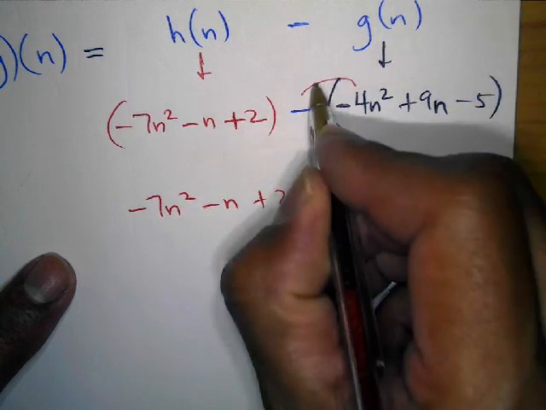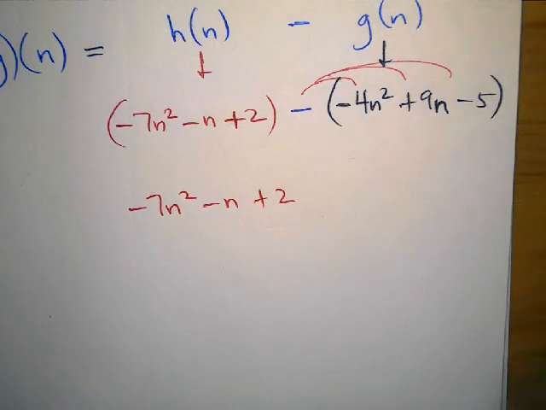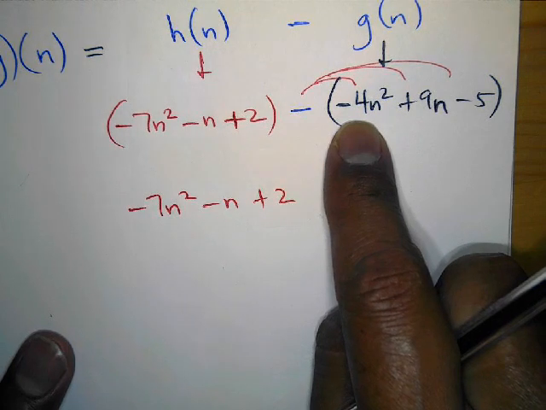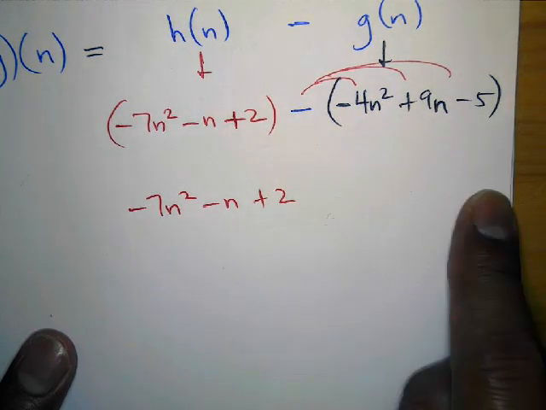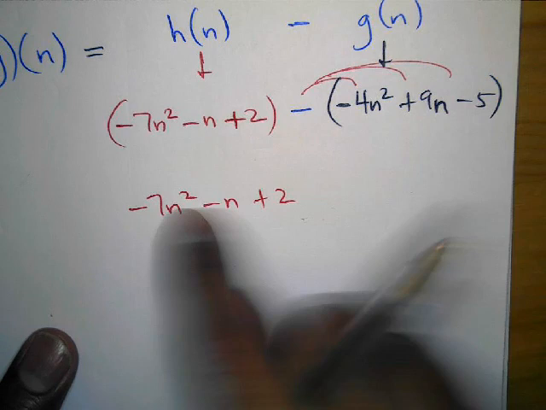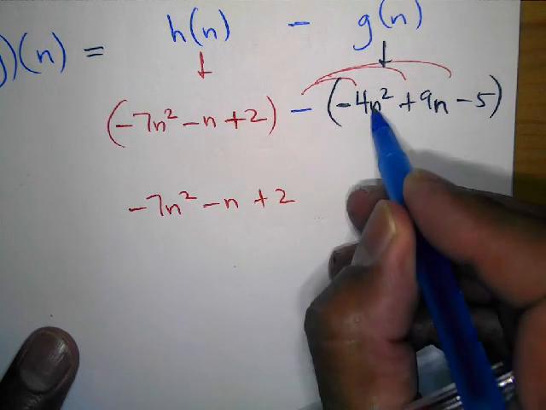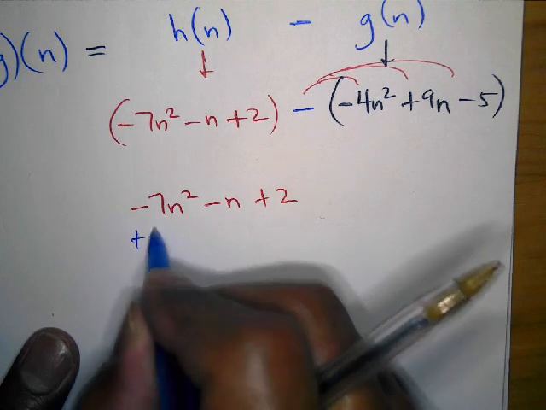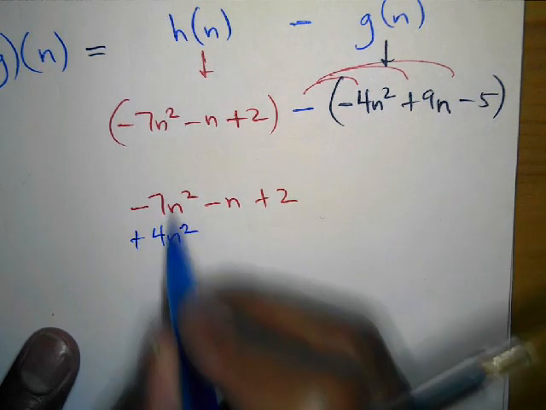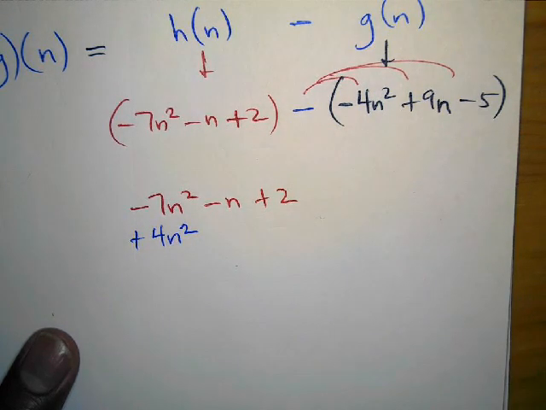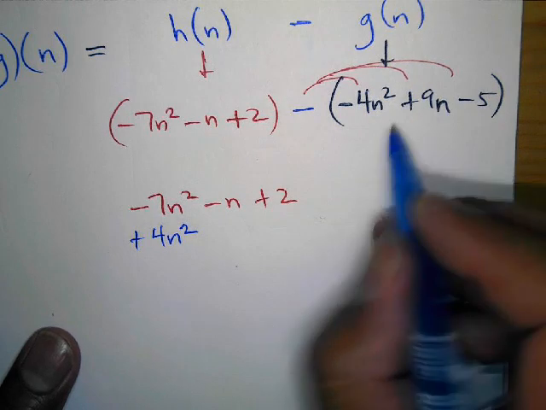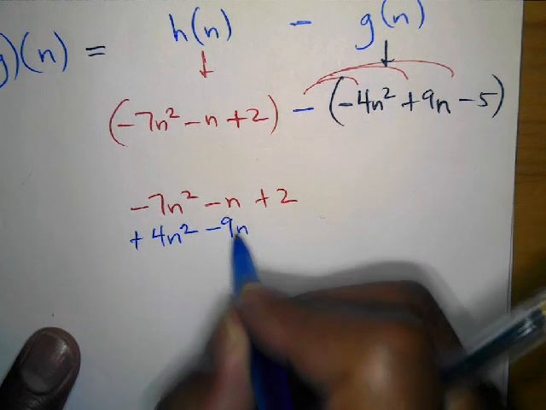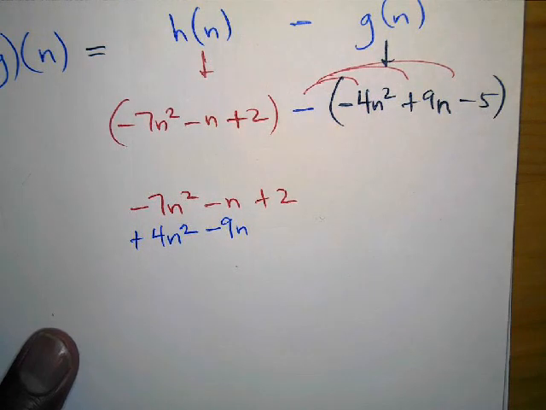And watch what I'm going to do here. I'm going to keep this one. This one's fine, and actually it's in the correct order. And does everybody agree that when I distribute this negative, that's going to change from a negative 4n squared to a positive 4n squared? But look what I'm going to do. Instead of writing it like this and having one big long thing with a bunch of numbers, I'm going to write them under here and group it. That's going to change to a positive 4n squared, and I write it right under the n squared.